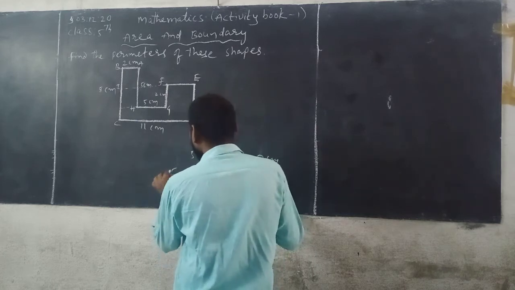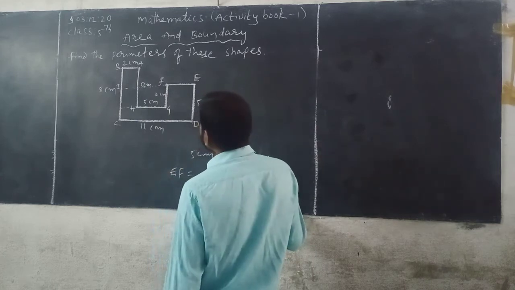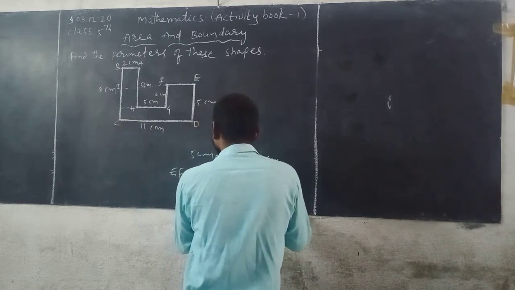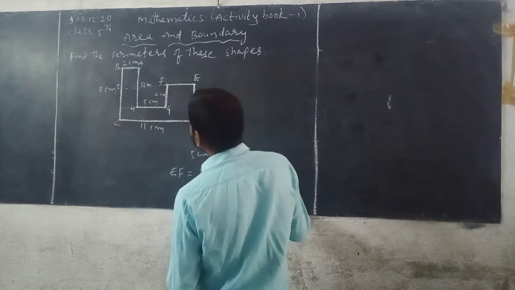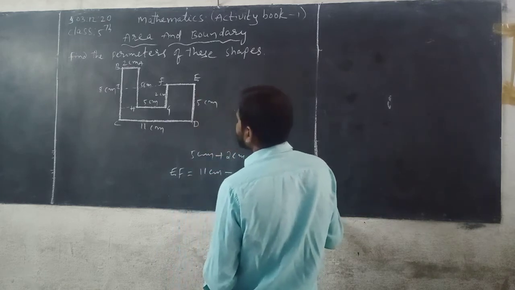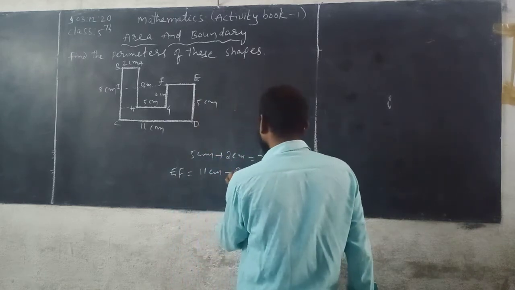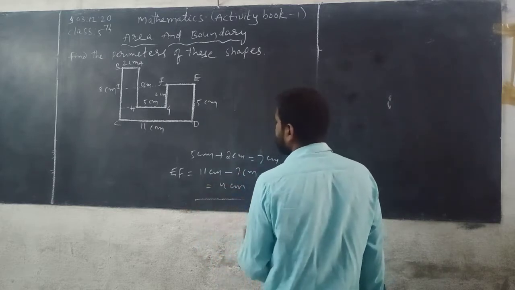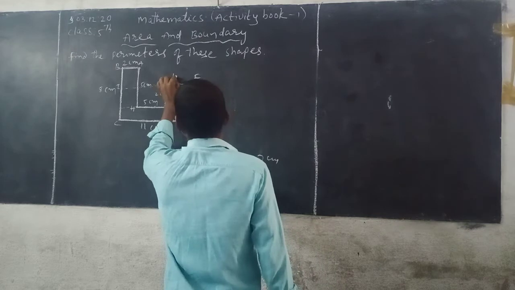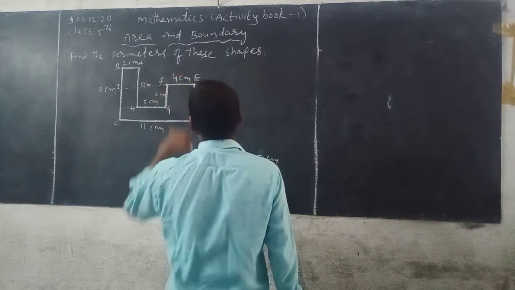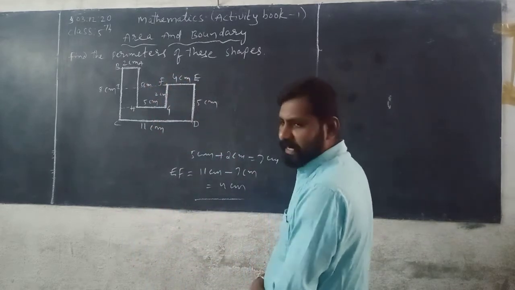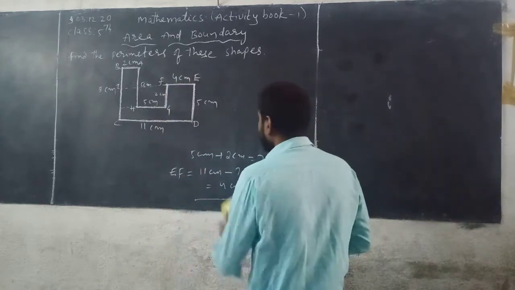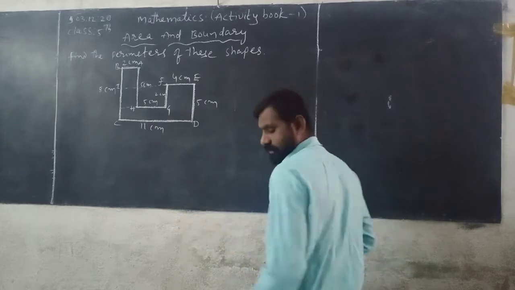So EF is equal to 11 centimeters minus 7 centimeters. So you get 4 centimeters. Write down everybody. So here 4 centimeters. Did you understand? Now you can find out the perimeter of the given figure.